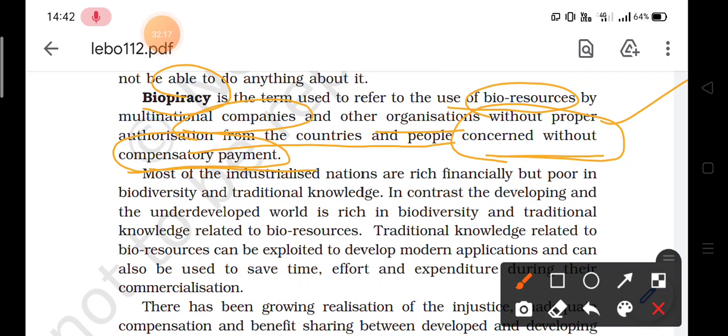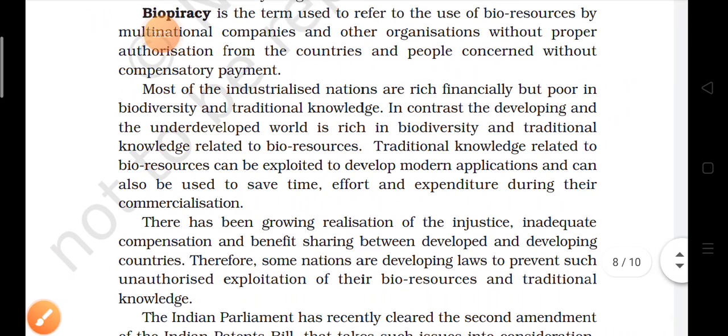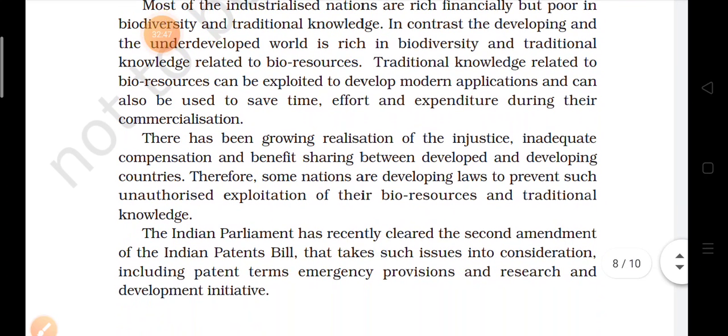Most of the industrialized nations are rich financially. India is not very developed, but it has a lot of biodiversity. It has different varieties of flora and fauna, and it is rich in diversity. Because of that, many of India's strains or varieties are exploited, just as we talked about how basmati rice has been manipulated, or how aloe vera and tulsi have been used by other countries.